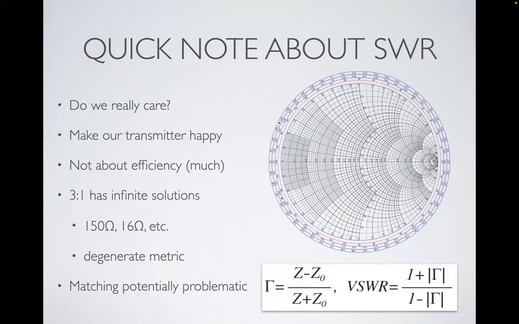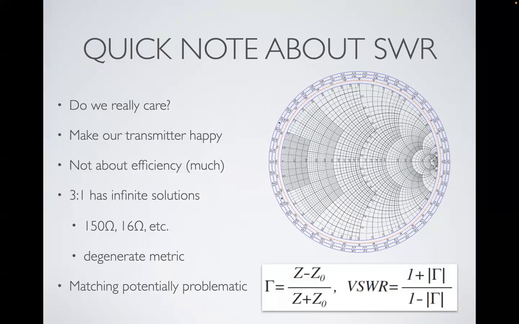If you look at a 3-to-1 SWR, as the example shows there, there's an infinite number of solutions to 3-to-1 SWR. And two of them are 150 ohms and 16 ohms. That's pretty dramatically different. So when you see a 3-to-1 SWR, you can't tell whether it's that 150 or 16 or any number of other reactive solutions to that. So it doesn't really tell you that much. And as we always say, a 50 ohm resistor matches perfectly.